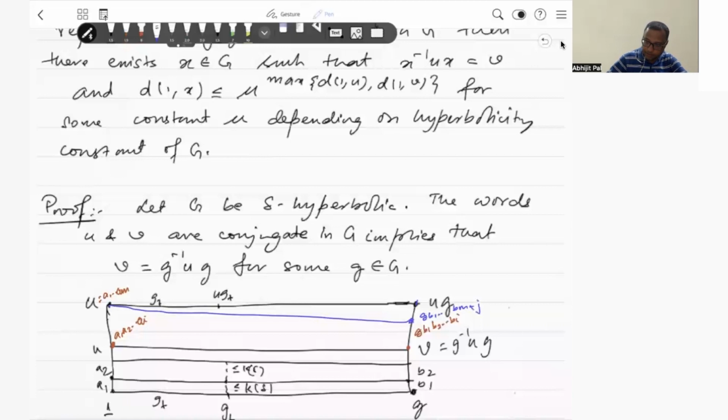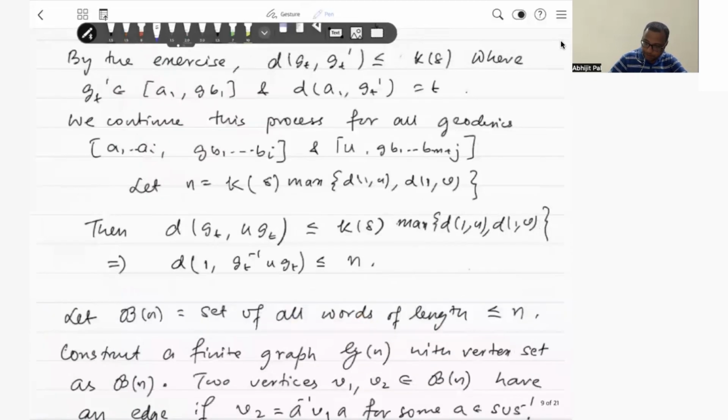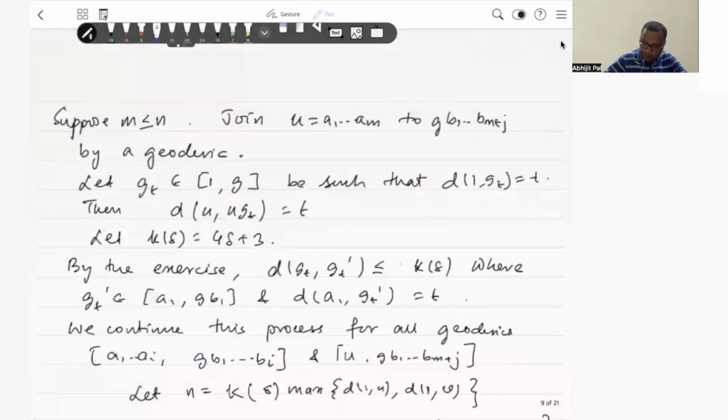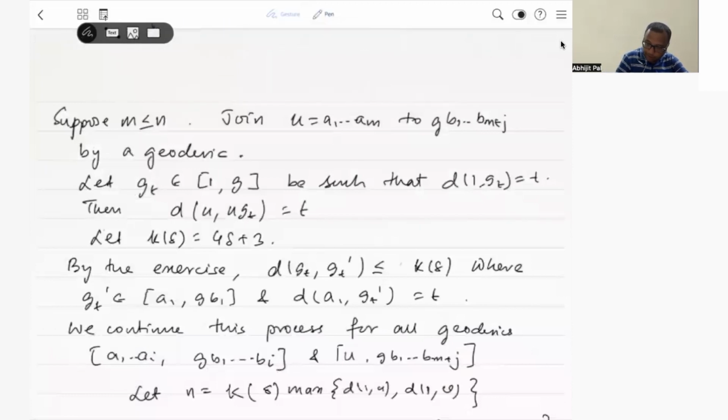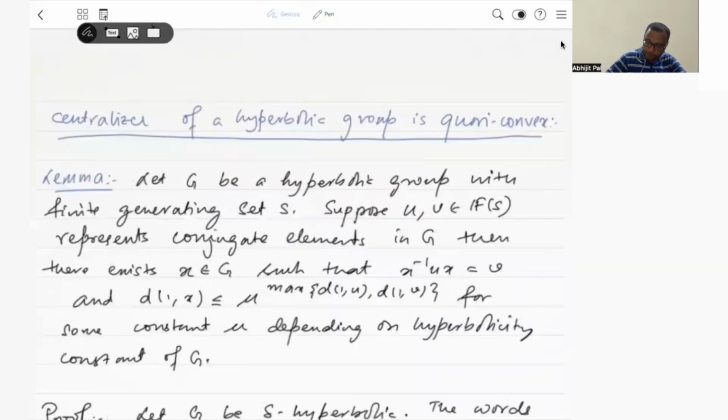Okay, so this part is clear. Now let g_t be a vertex in this geodesic joining 1 to g such that the distance between 1 and g_t is equal to t. Then the distance between u and u g_t will also be equal to t.